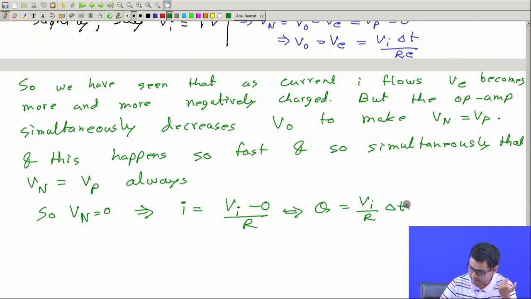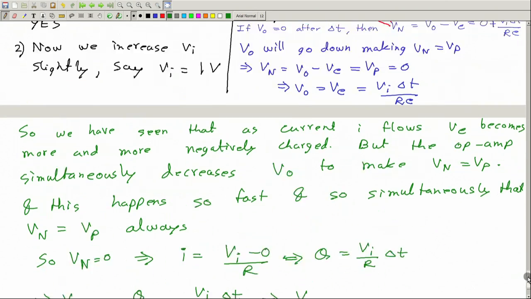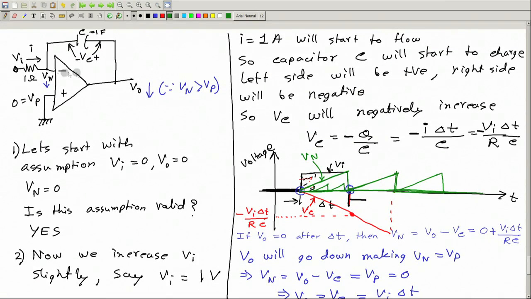Okay, and this will imply that capacitor voltage is minus of this charge by C, which is Vi by RC delta T. From this it follows that VO output should be how much? VO is how much?